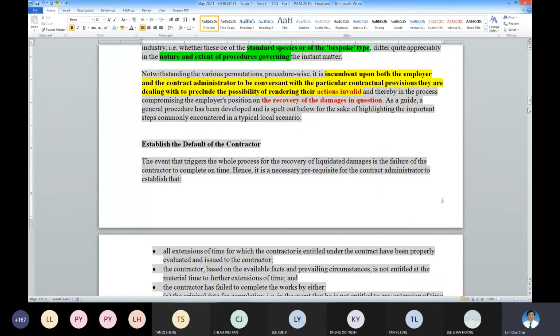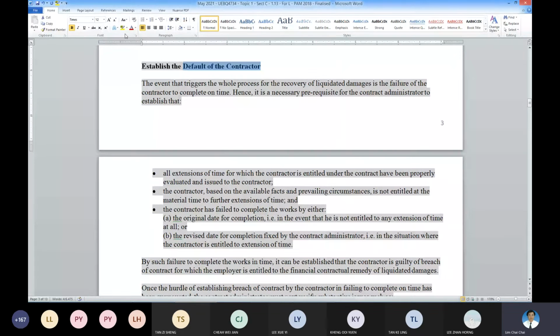So how to get it done? Basically, there must be a default by the contractor. So the recovery of LD is due to the default by the contractor in not completing on time. This is the prerequisite for the contract administrator to invoke LD. But before that, generally, the contract administrator must evaluate all the EOT before you impose.